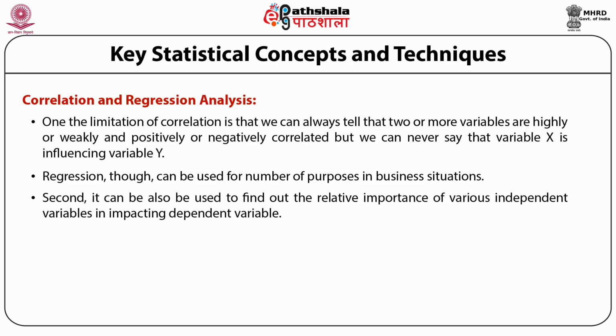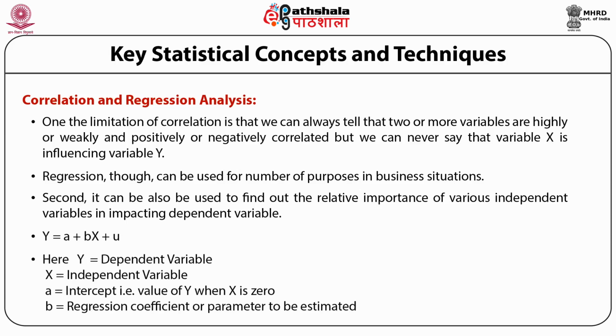Still further, regression can also be used for predicting values of dependent variable Y for a given value of independent variable X. Statistically, a simple regression model can be expressed as below, where Y = A + BX + U, where Y is the dependent variable, X is the independent variable, A is the intercept, that is the value of Y when X is 0, and B is the regression coefficient or the parameter which we try to estimate through a model.